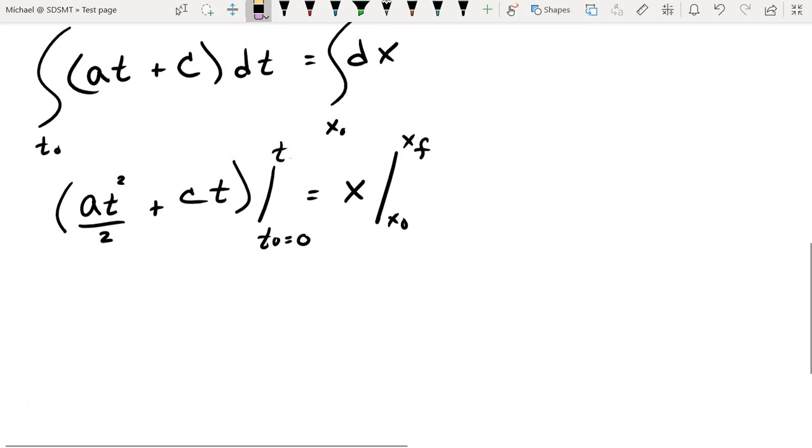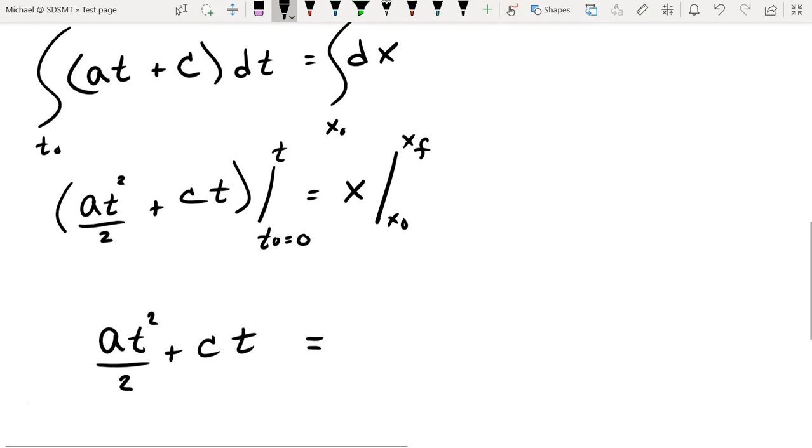And so when we evaluate the left-hand expression at those given limits, nothing really changes. We still get at squared over 2 plus ct, because if we evaluate the limits at time t equals 0, we don't get anything. So that's the left-hand side evaluated at our time.